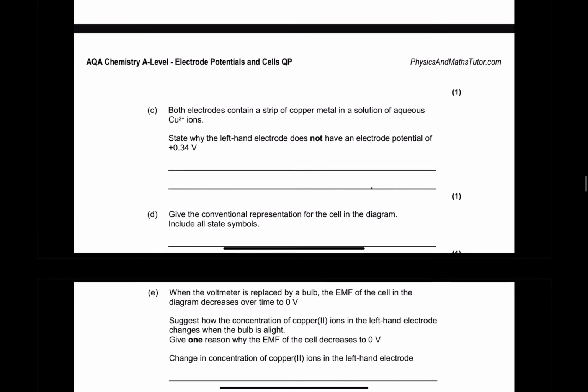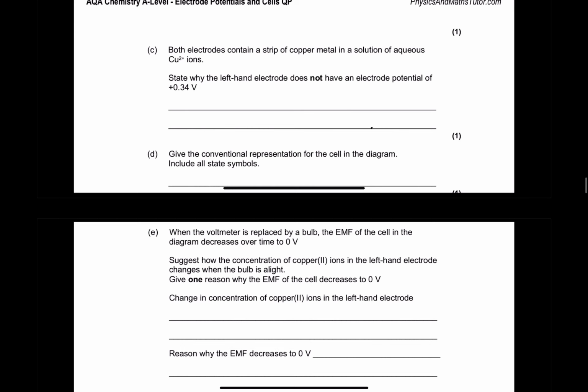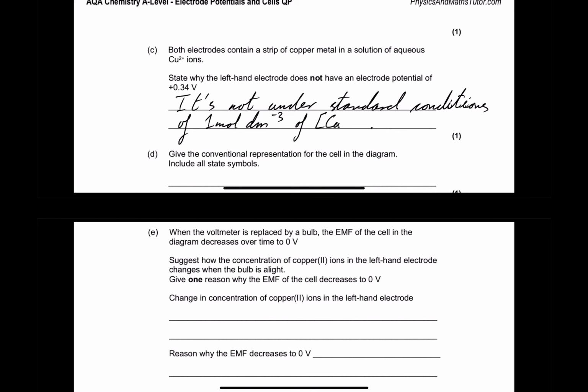Say why the left-hand electrode doesn't have an electrode potential of plus 0.34 volts. Because it's not under standard conditions of 1 mole per dm cubed of Cu2+ ions.